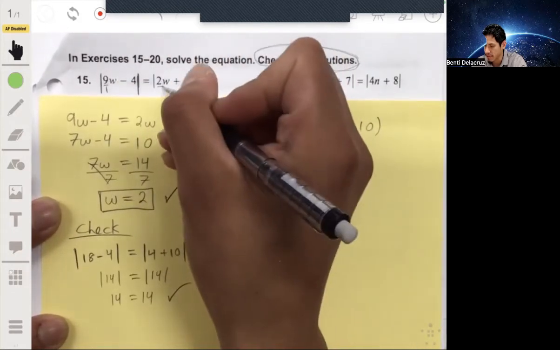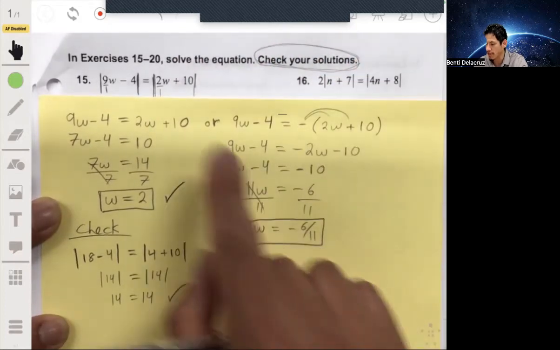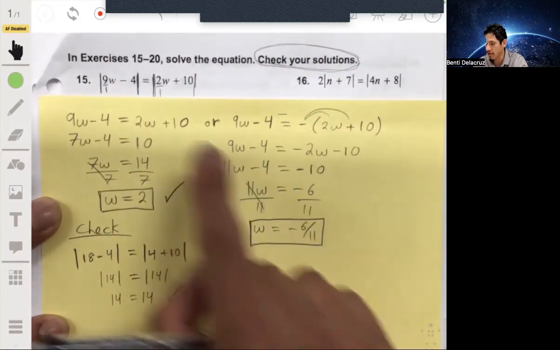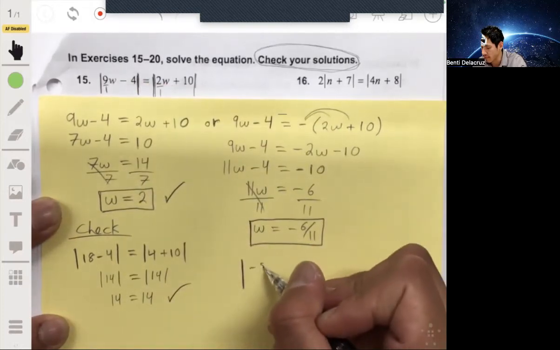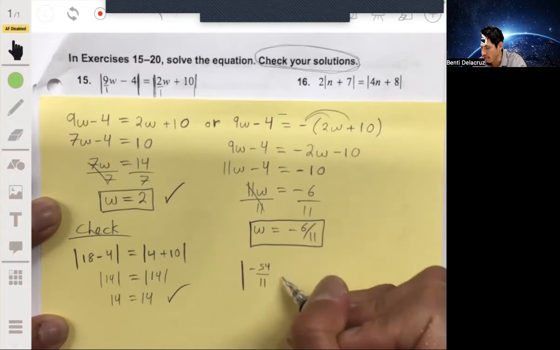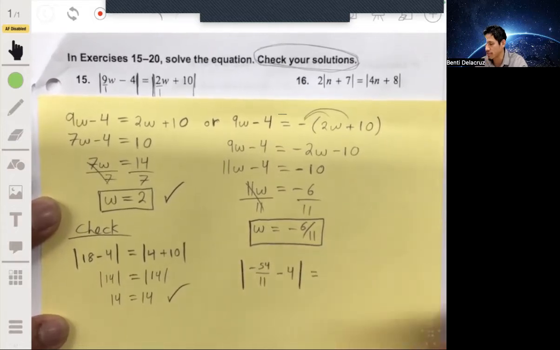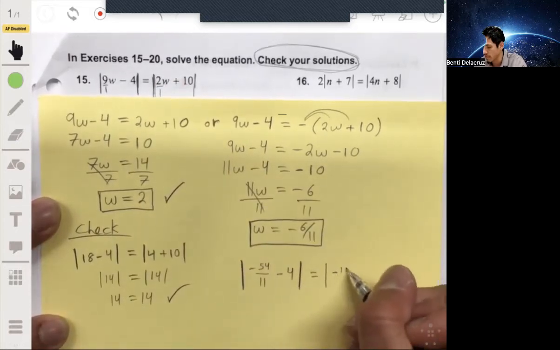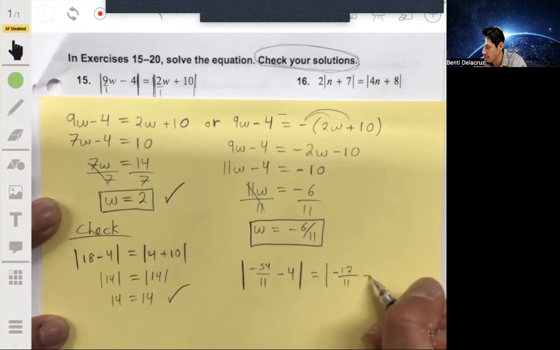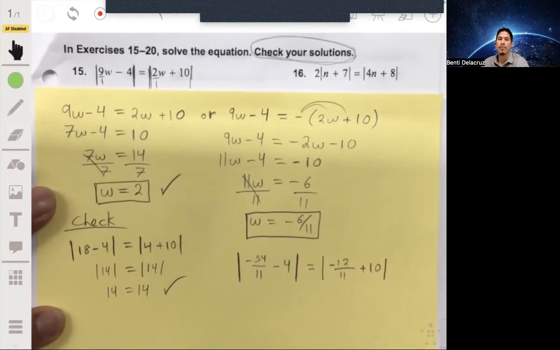And this 2 is like a 2/1. So when we multiply the 9/1 by -6/11, you're going to have -6 times 9. So -54/11 minus 4, all in absolute value symbols, is equal to 2 times -6/11. So -12/11 plus 10.